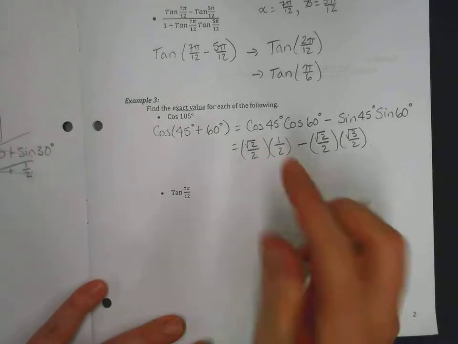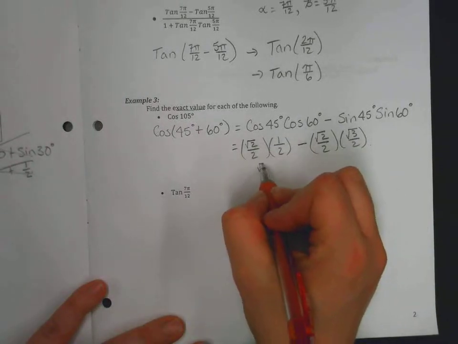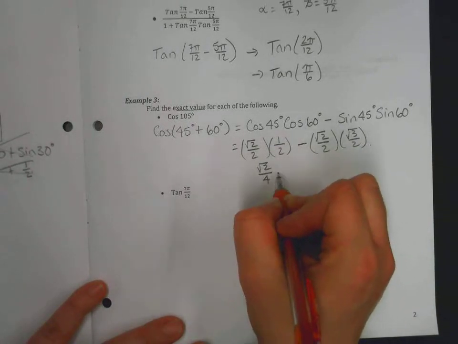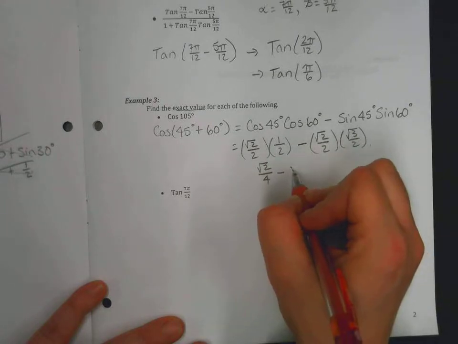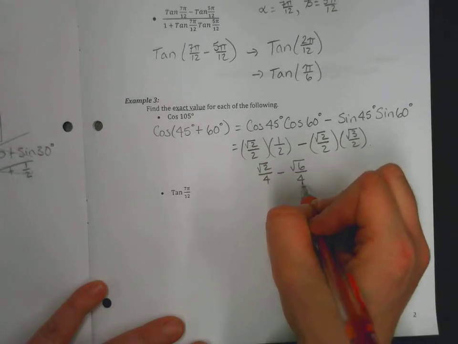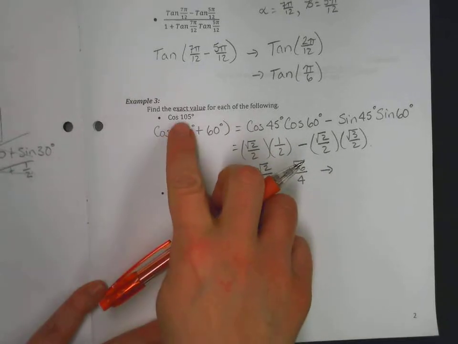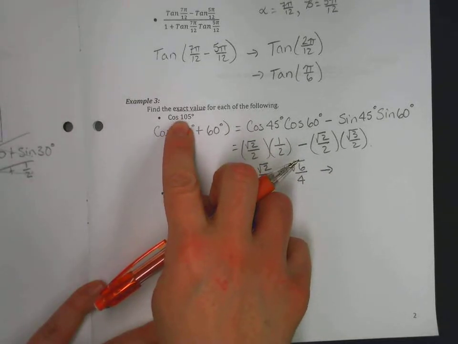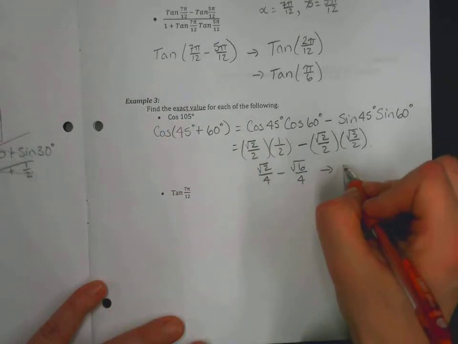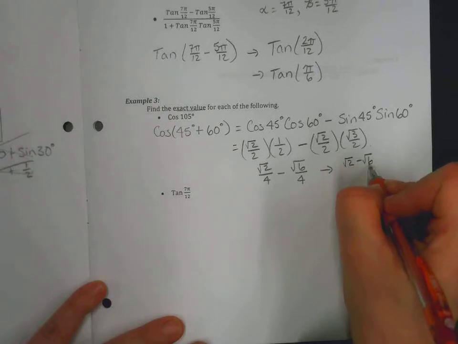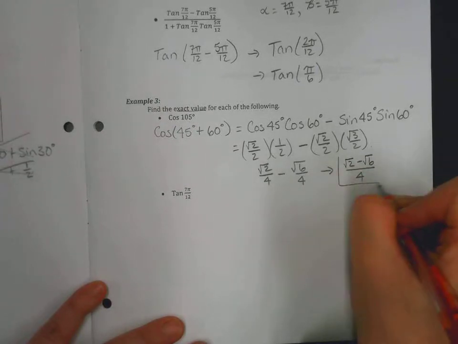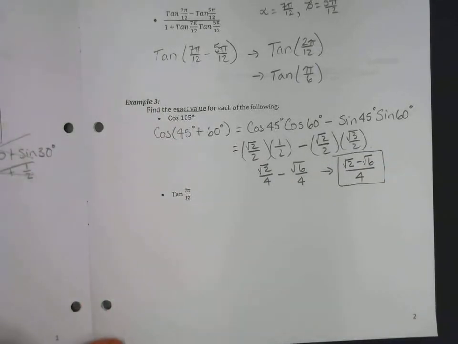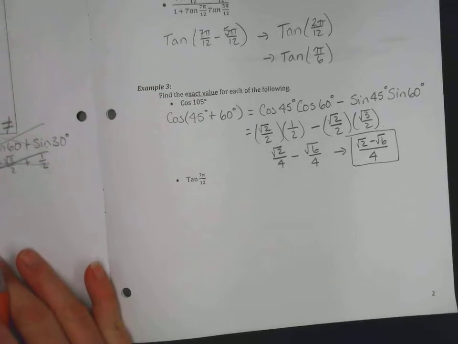Now I'm going to multiply these. So I get root 2 over 4 minus root 6 over 4. So my exact ratio for cos of 105 degrees would be root 2 minus root 6, all over 4. That would be my exact trig ratio.